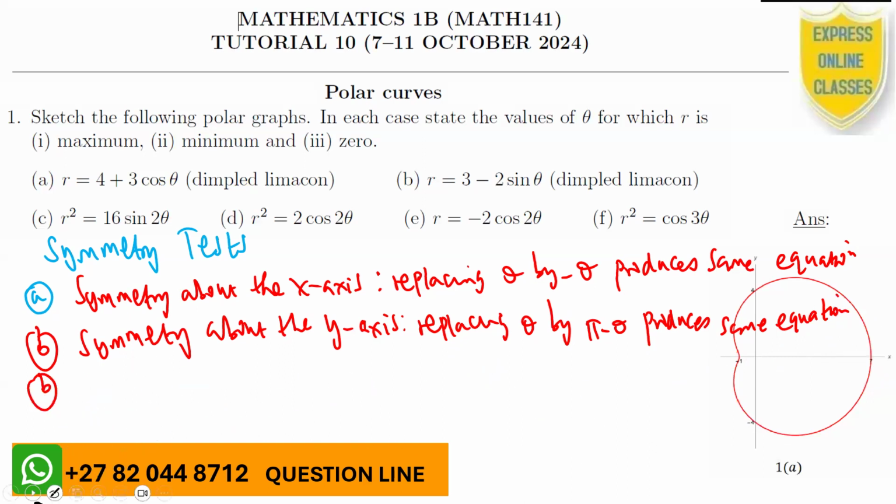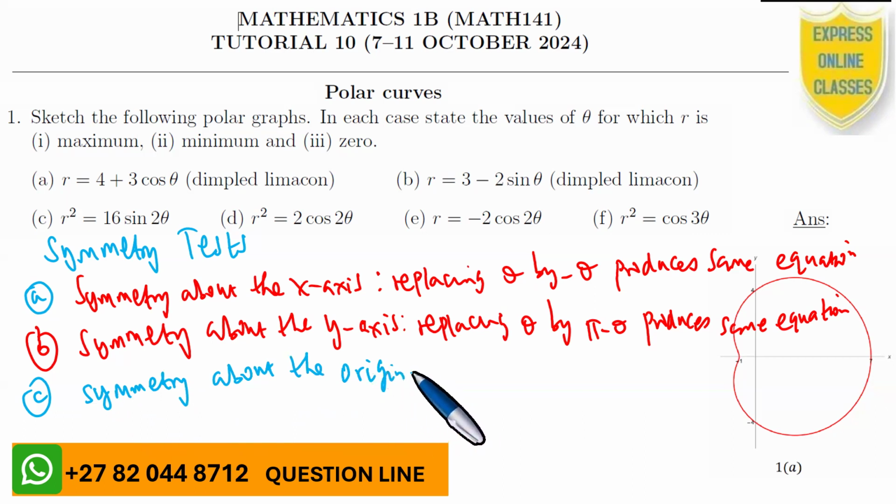C, the symmetry about the origin. Here, theta becomes minus theta, means the same.